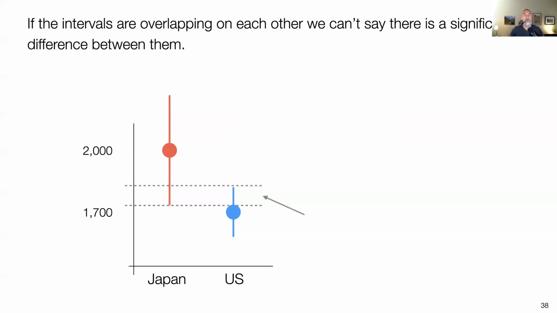What these two confidence interval lines are showing us is that they are overlapping each other. That means we cannot say there is a significant difference between them, at least statistically, because we don't know. Both of the averages can be within this overlapping zone.